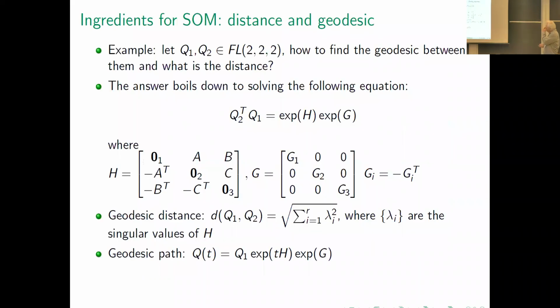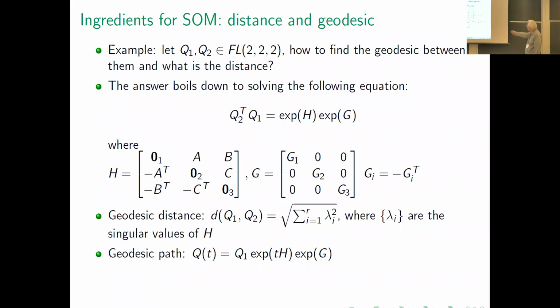So how do we do the calculation for the flag? Well, the structure of the problem is that we need the A's and B's and C's and G's to be skew symmetric. Then you can calculate the distance between two arbitrary points on a flag this way, where the lambda i are the singular values of H. Now H has to be found by solving this equation.